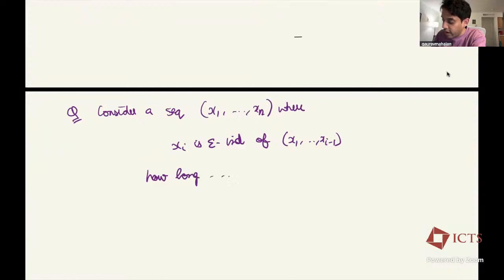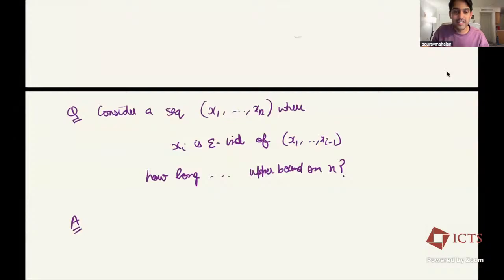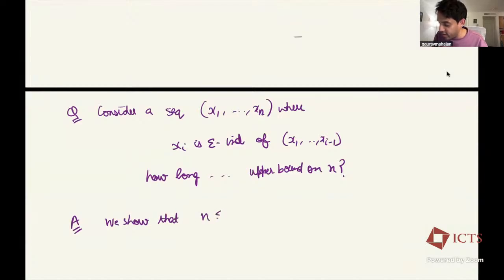Meaning, what's the upper bound on n? I don't have time to build the suspense, so I'll just tell you the answer: you can show that this is basically O of d log 1 over epsilon.